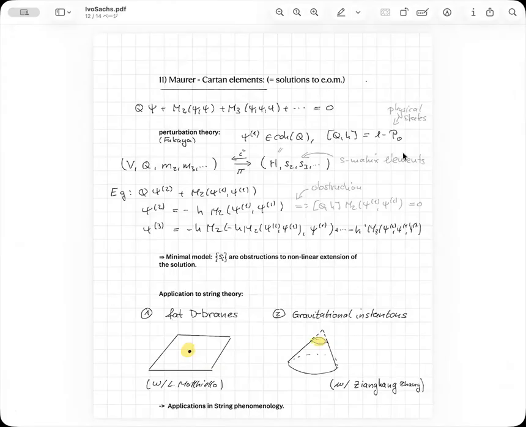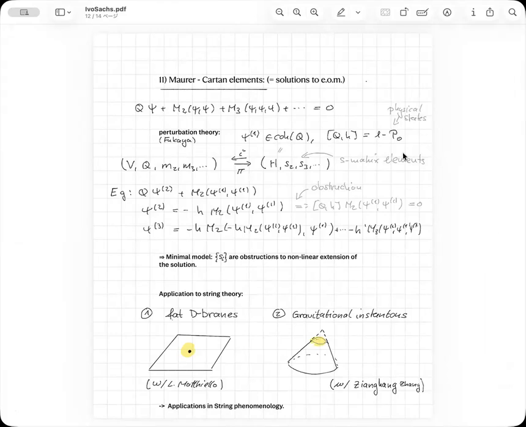And there's an obstruction theory, which is called the minimal model, which I learned, I think it's an old story, but I learned it in a nice paper by Fukaya. So you can simply solve this equation perturbatively. You just invert the Q. But of course, whenever you invert the Q, you need to be careful, can you invert it? And this gives rise to obstructions. You precisely cannot invert it when, say, for instance, M2 acting with the propagator, with the inverse of Q, the homotopy of Q, has, sorry, I rewind.